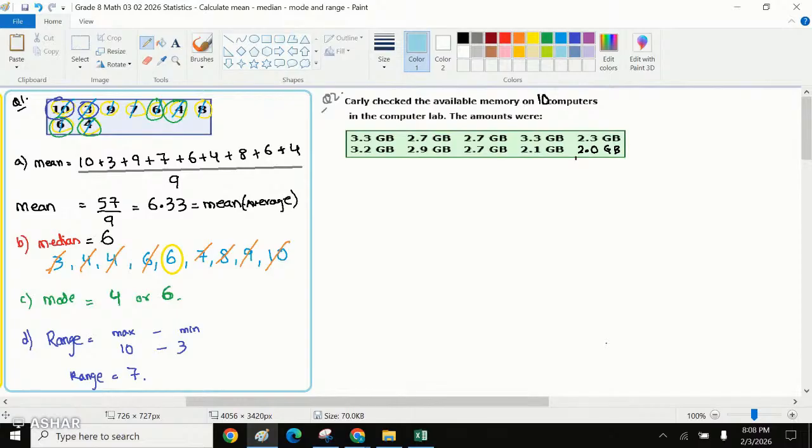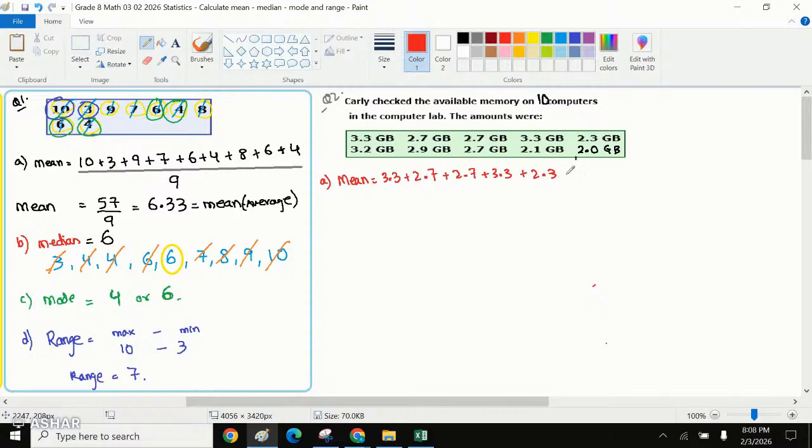So how we can find the mean? If we need to find the mean, what we do is we add all the numbers. So can we say 3.3 plus 2.7 plus 2.7, right? Twice 2.7 plus 3.3. We can use a calculator. We are not looking at how to add and subtract.